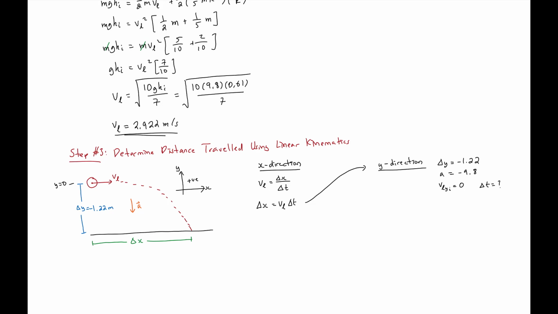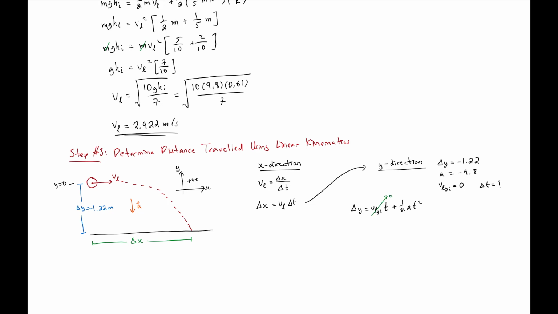So we have 3 values, which means we can use kinematics equations to solve for the fourth. We have to figure out which kinematics equation to use that has delta y, a, vi, and delta t. So the one I would use would be delta y is equal to vLyi t plus 1/2 at squared.